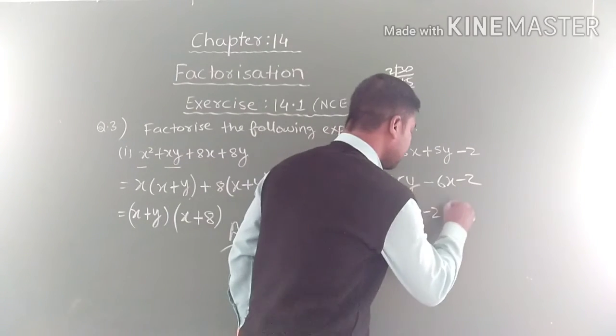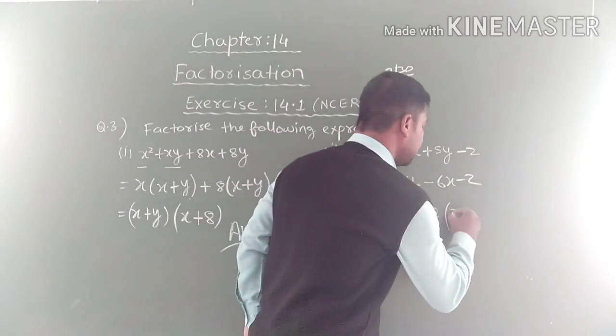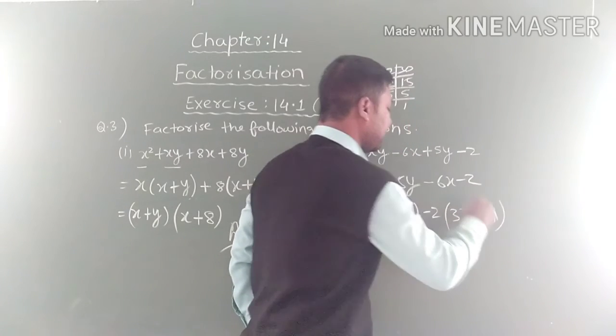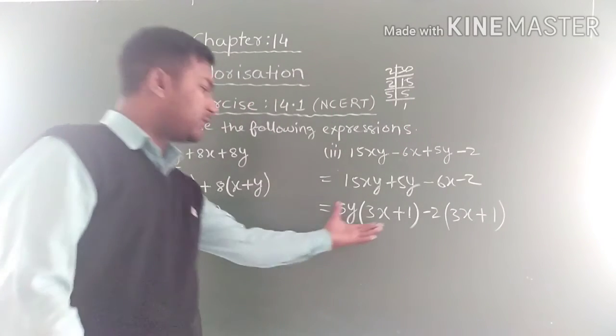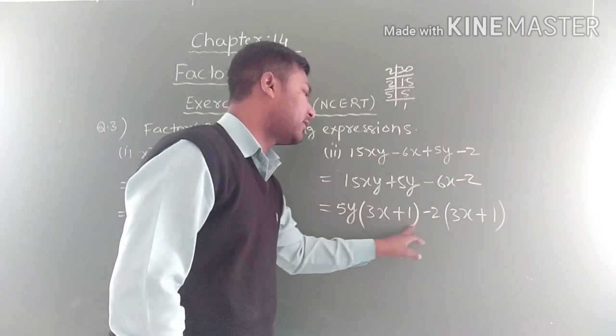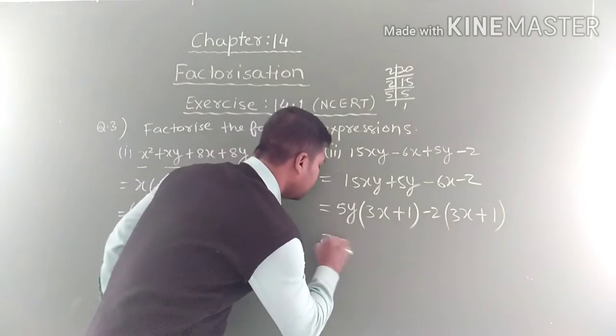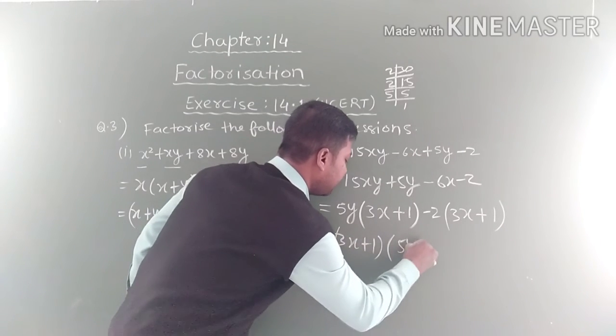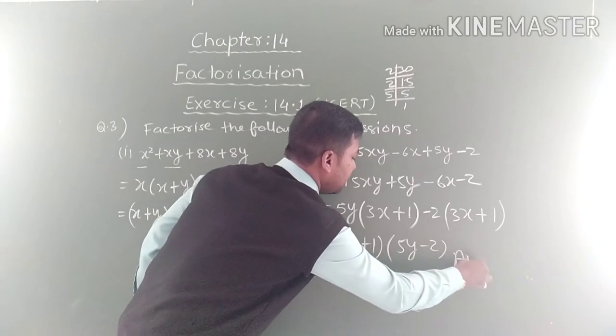So this is minus 2, so it will be 2 3 is 3x plus 1. Now this is first term, this is second term. What is common in these two terms? 3x plus 1 is common. So just take common 3x plus 1. What is left? 5y minus 2. And this is the answer.